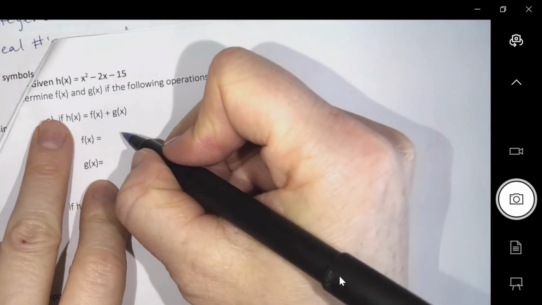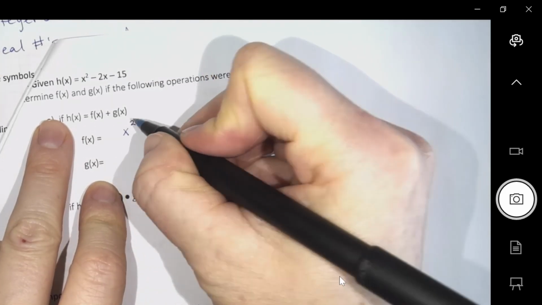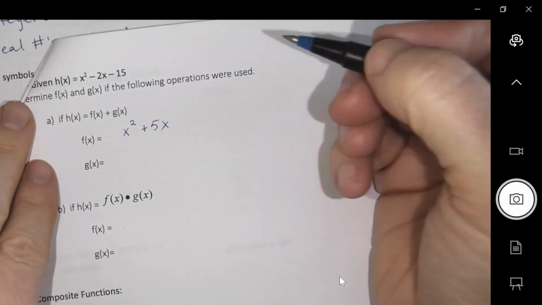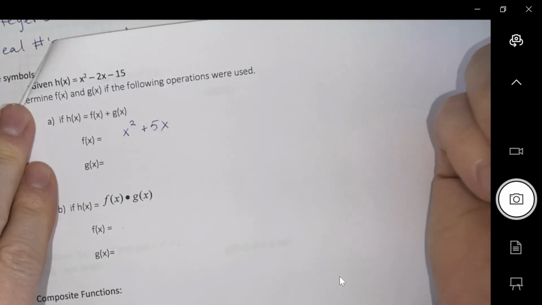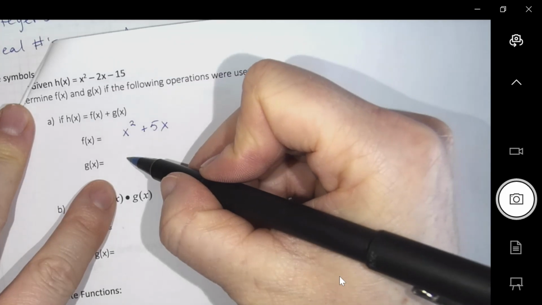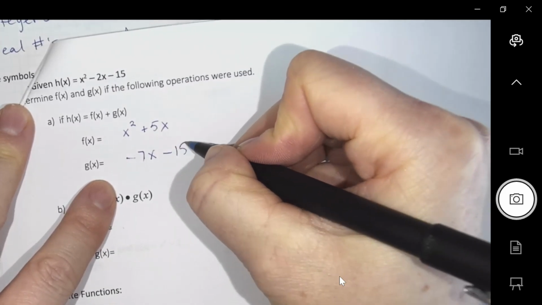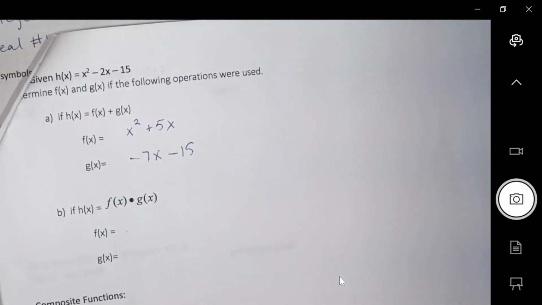I might go x squared plus 5x. And then I would need a -7x minus 15. I can just make anything up as long as when I add them together, those two add to the final.